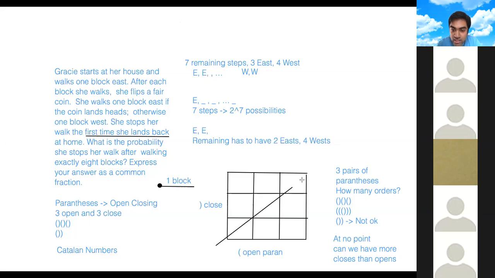If I cross this diagonal line, that means I had more closes than opens. If I stay on the bottom right of this diagonal line, any path along this area works fine. So all I need to count is how many paths there are from this point to this point that never cross this line.